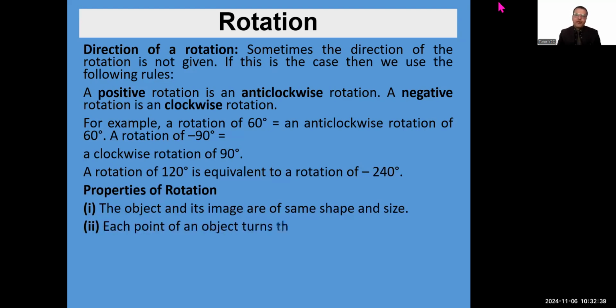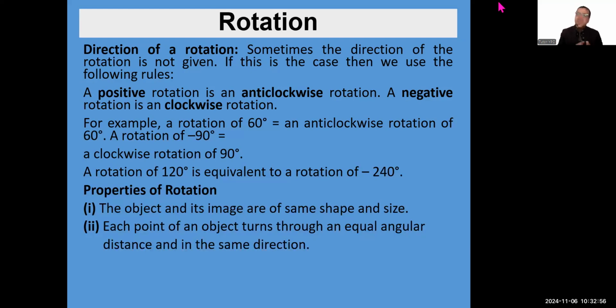Each point of an object turns through an equal angular distance and in the same direction. It means each point of the original object turns around the same angle and same direction in the same distance.